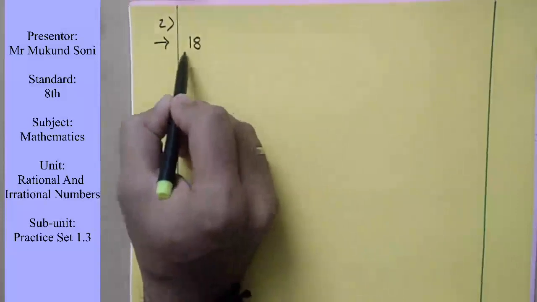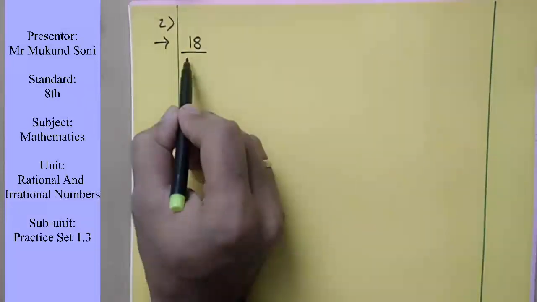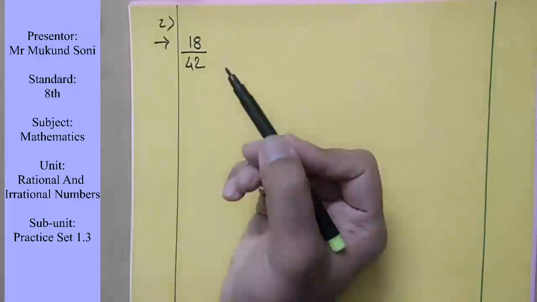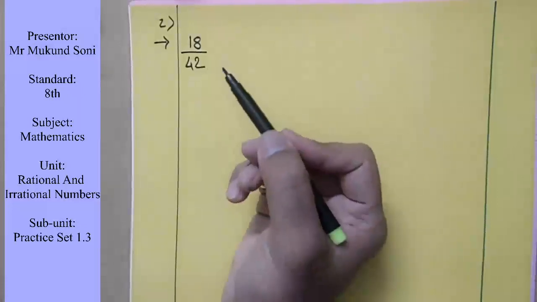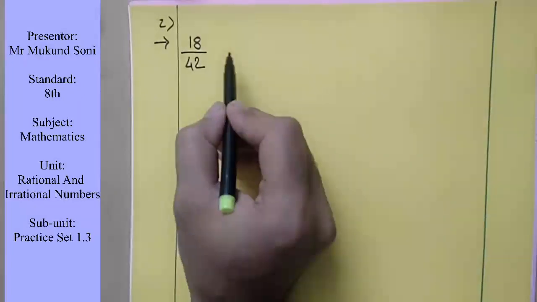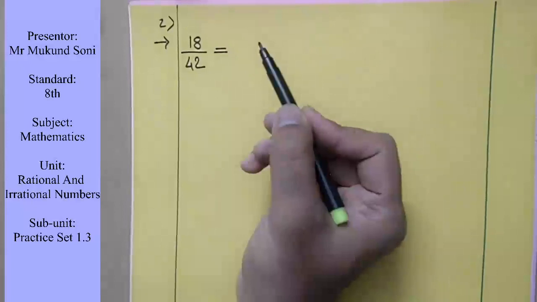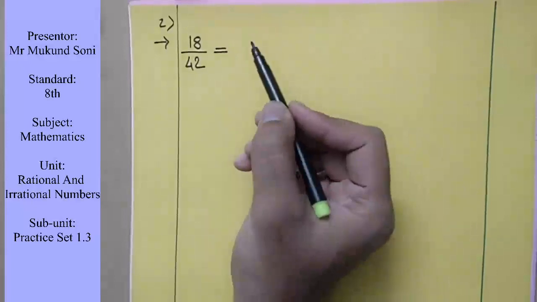We have 18, which is divided by 42. Now you can simplify this fraction, give the simplest form to it. We know both appear in the table of 6. Correct.